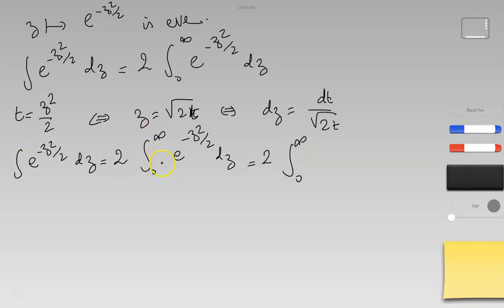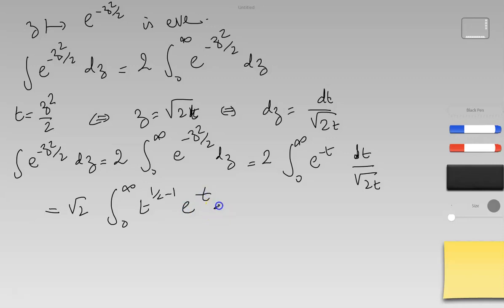So since z is belonging to 0 to infinity, t is as well belonging to 0 to infinity, and we can write that this is equal to exponential of minus t, and here I'm replacing dz by dt over square root of 2t. Then this is equal to 2 over square root of 2, which is square root of 2, times the integral from 0 to infinity of 1 over square root of t. I can write it as t to the power half minus 1, exponential of minus t, dt.